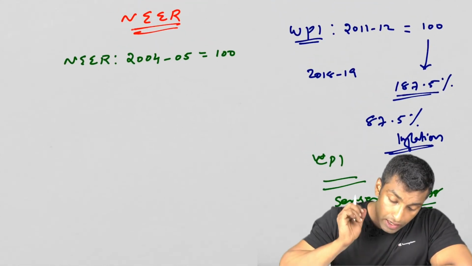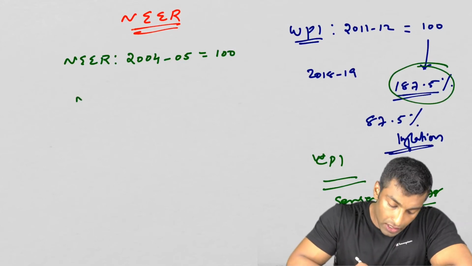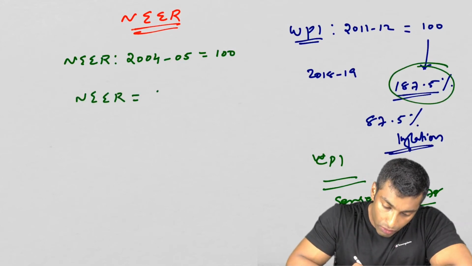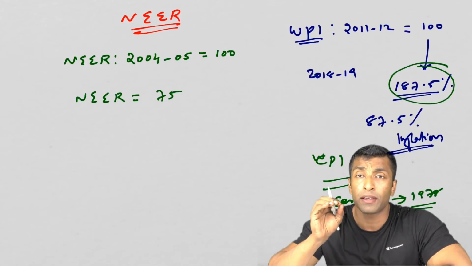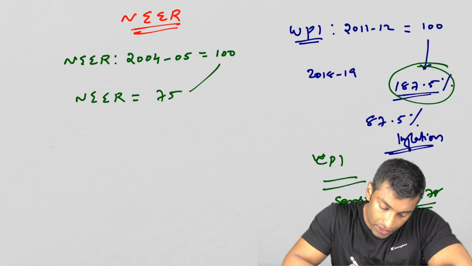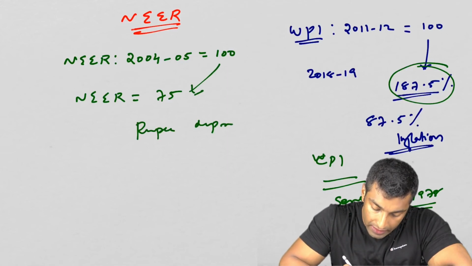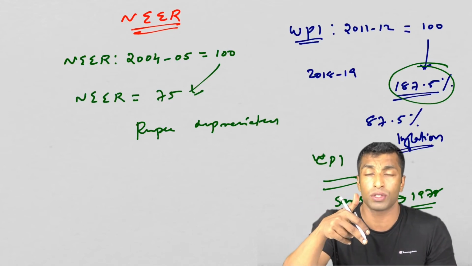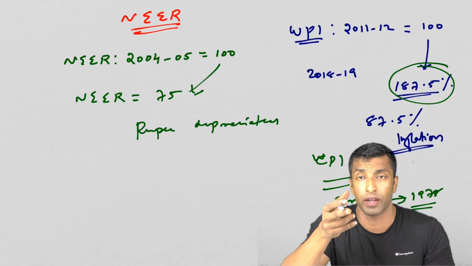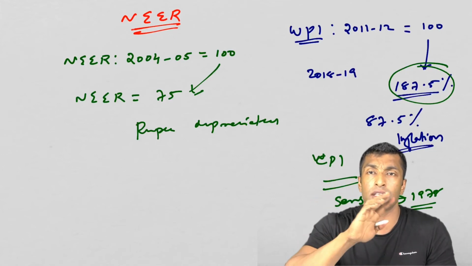Now let's suppose NEER now is equal to 75. What does this mean? This means that the rupee depreciated. Rupee depreciated means something which cost 100 rupees is now going to cost 75 rupees for a foreigner. Before, let's suppose $1 was 100, now $1 is 75.